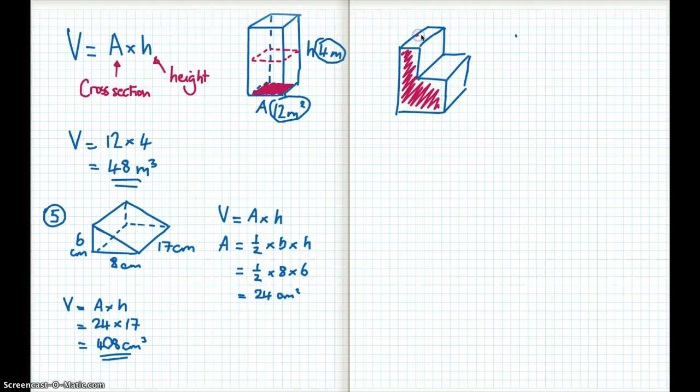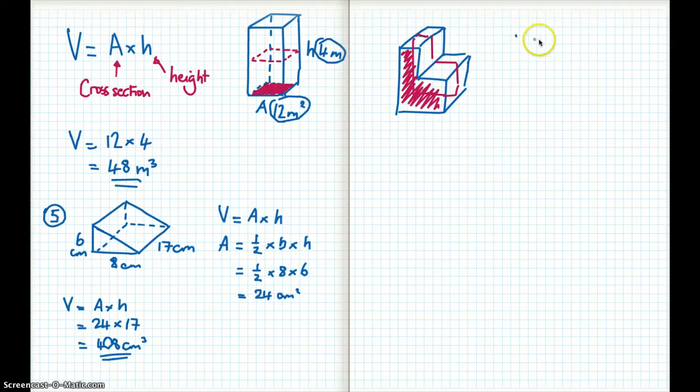So if we cut anywhere along here, let's get back to that red colour. So we cut along here, that shape is going to be the same, isn't it? It's going to be that L shape. That's the shape that's repeated.